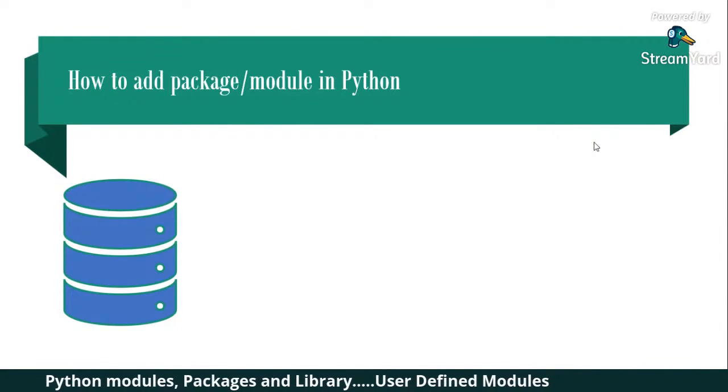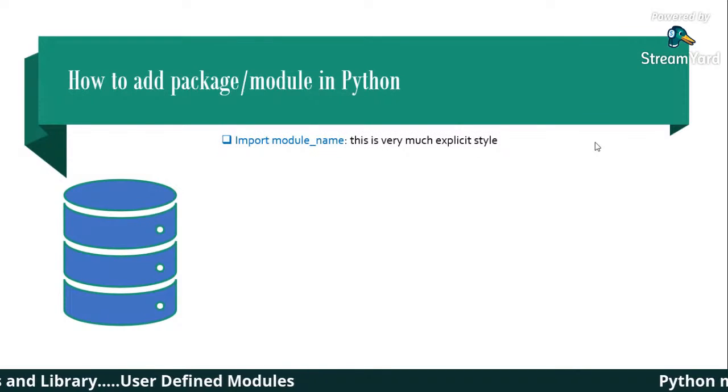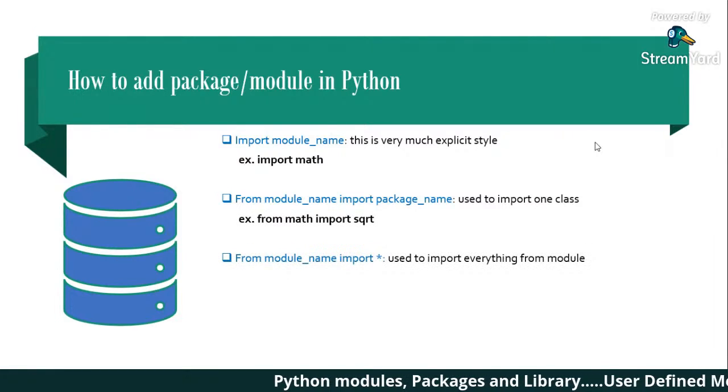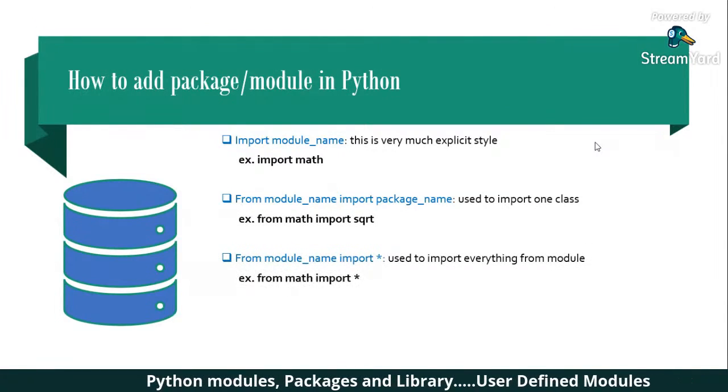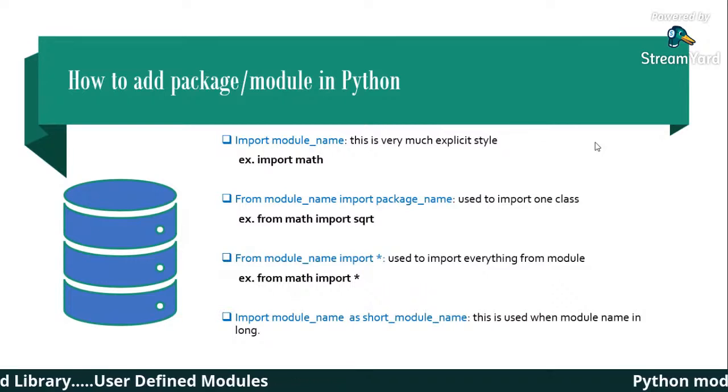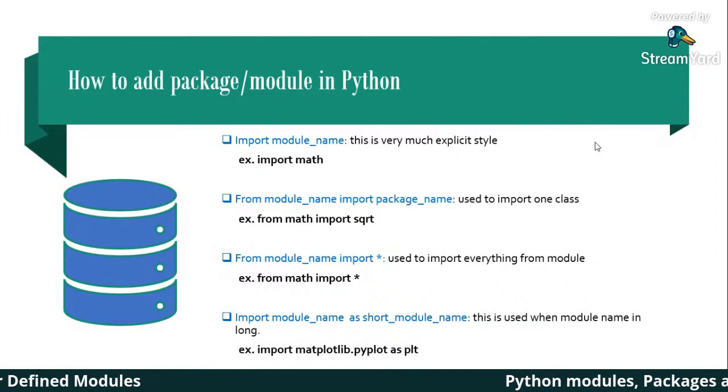So there are various ways of importing or adding a package into Python. Import module name, the simple way. Then from module name import package name. Then you can import everything from that module, and you can import as a short form: import module name as a short module name. So four ways we have seen.